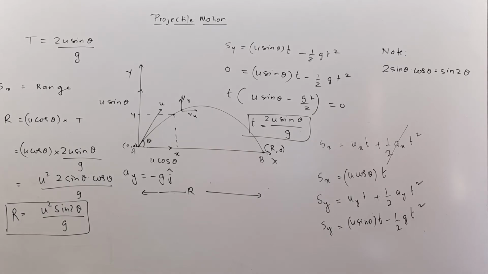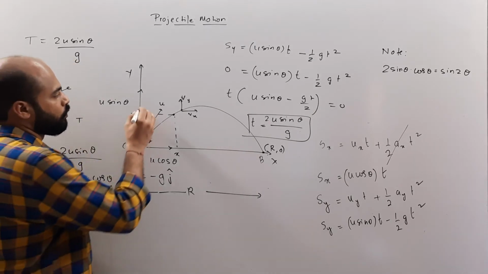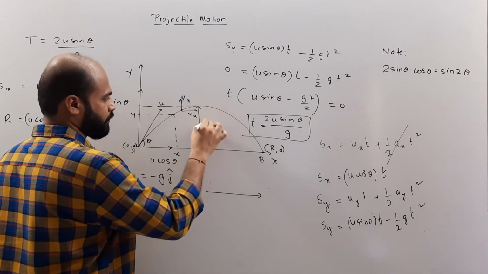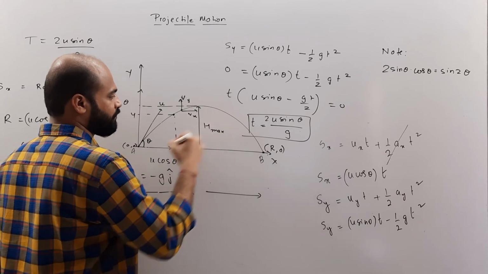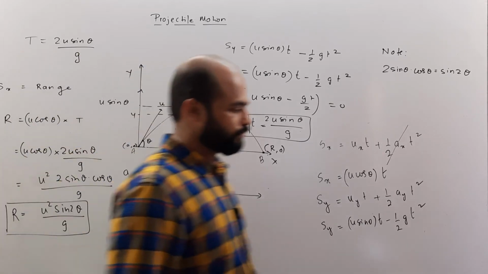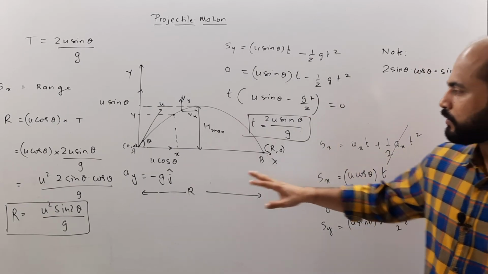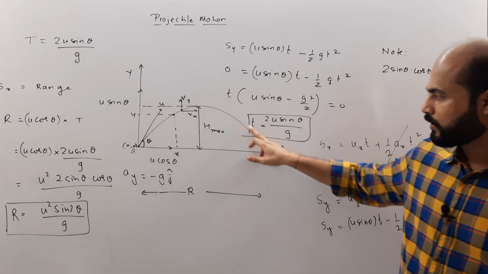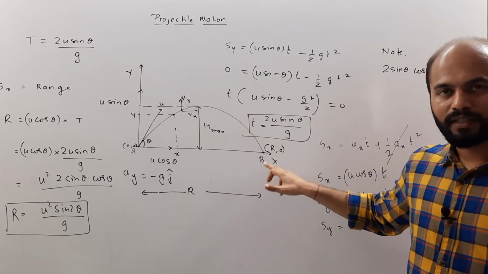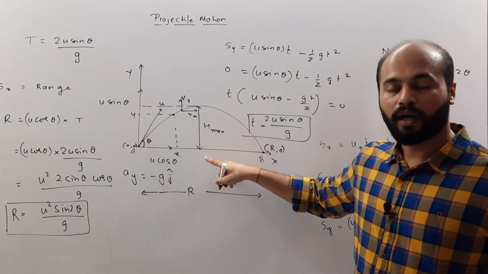Now let's dive a bit deeper into this topic, and now we will also find what is the maximum possible height that can be achieved by this projectile. So let's take up that case now. If you see, it's common sense that if this entire thing is considered symmetric and if this is achieved at time t, then definitely this is achieved in half the time.